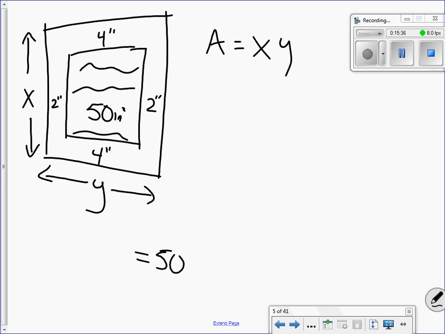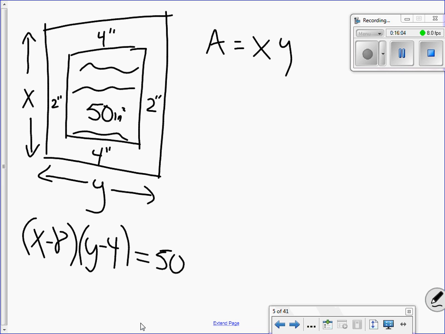If this whole length here is x, and you got 4 up here and 4 down here, so x minus 8 would be this dimension right here. So x minus 8 times, the other dimension would be y minus 4, has to equal 50. Right, the area of the printed material.